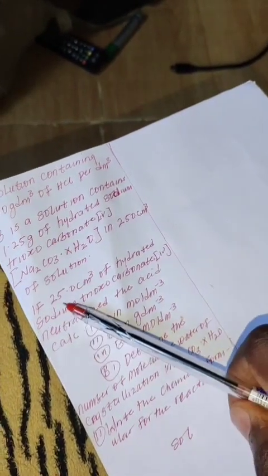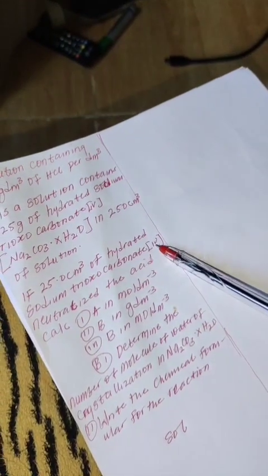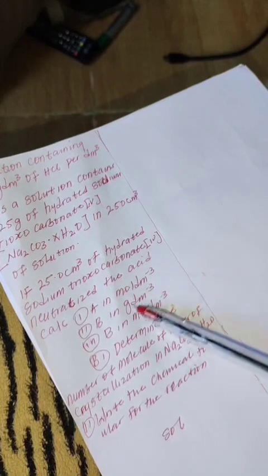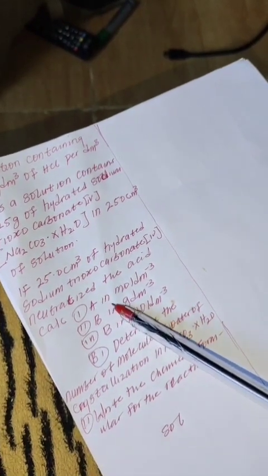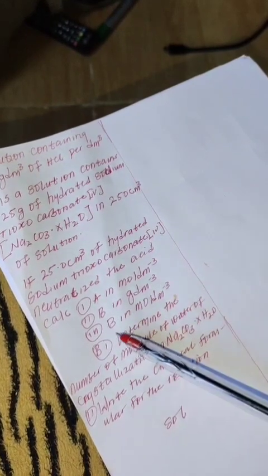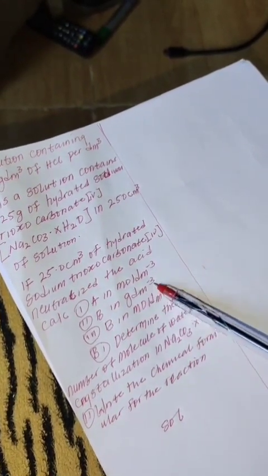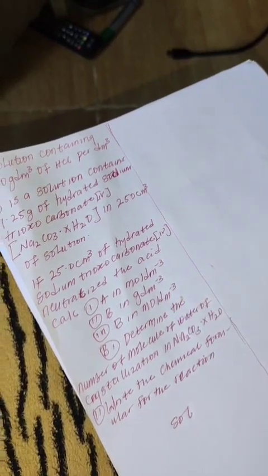Now we are told that if 25 cm³ of hydrated sodium trioxocarbonate(IV) neutralizes the acid, we have to calculate A in mole per dm³, B in gram per dm³, and B in mole per dm³.